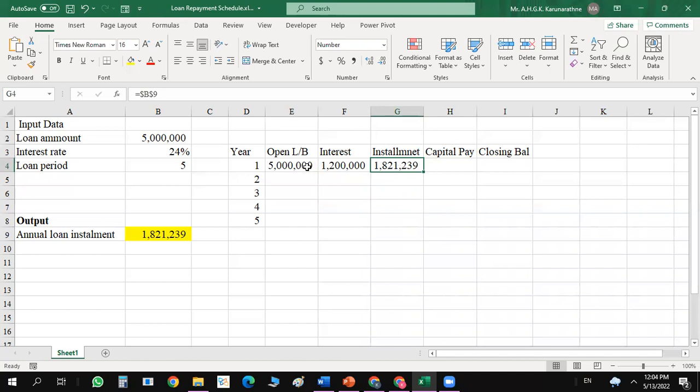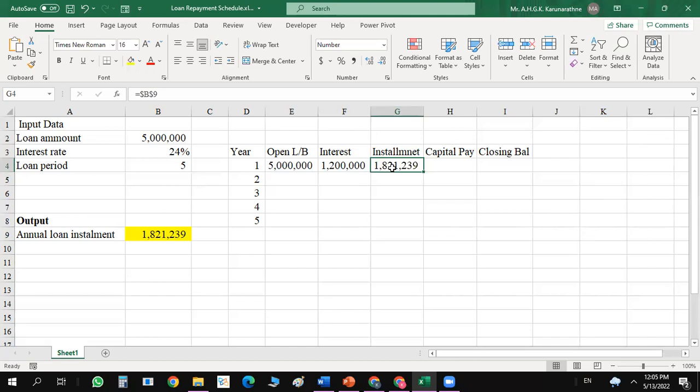You borrowed 5 million and at the end of the year you paid 1.8 million something. So don't think your entire loan balance will be reduced by the whole loan installment. Why? Even if you pay 1,821,239, they will charge this much, that means 1.2 million, for interest.